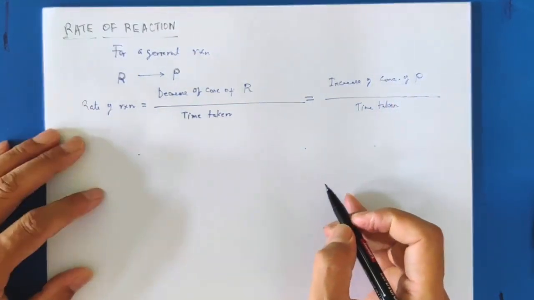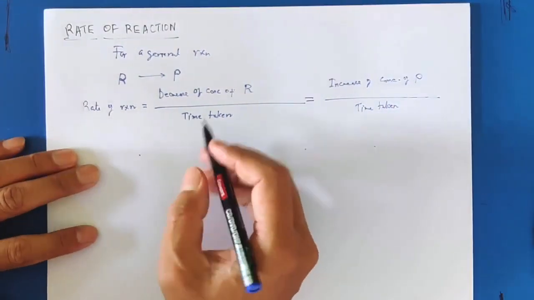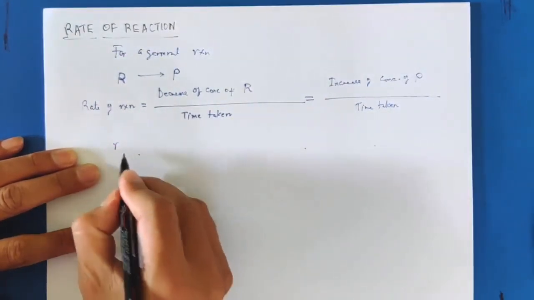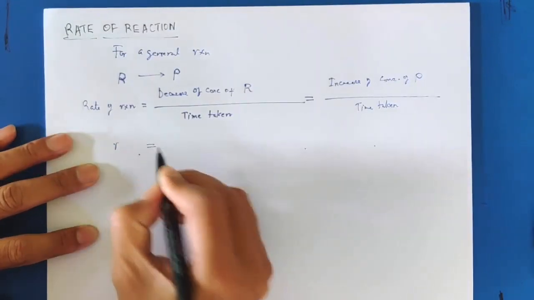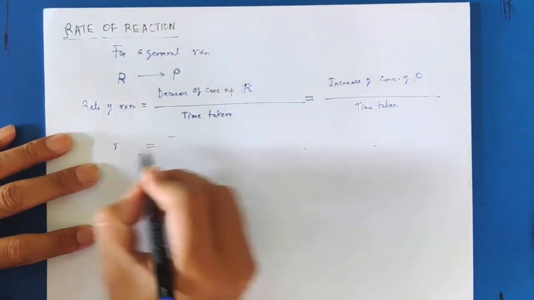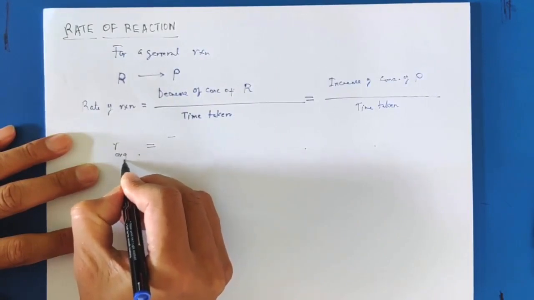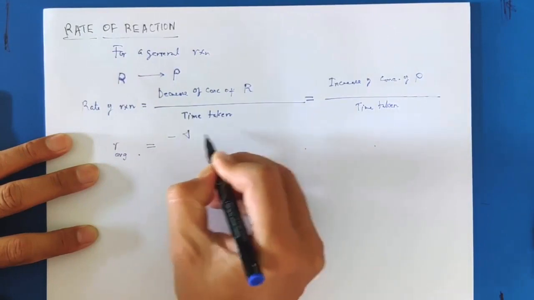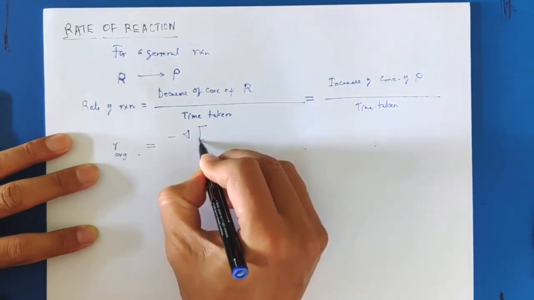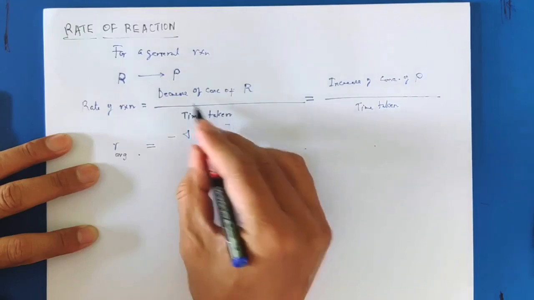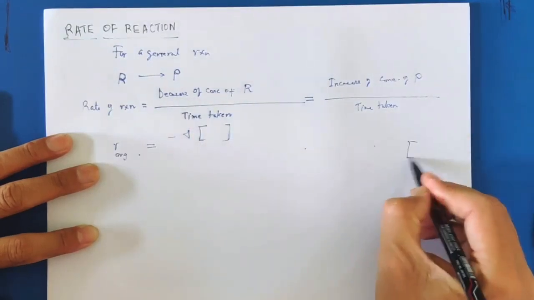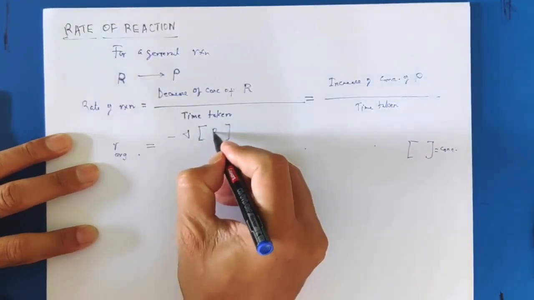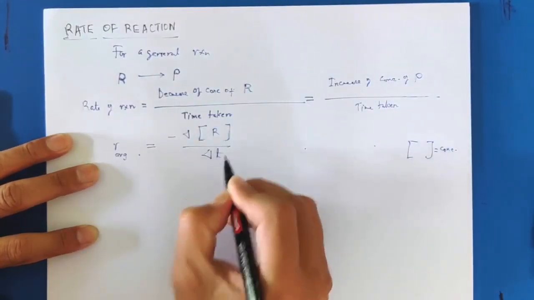Now the definition of the rate of reactions, which we represent by r. The average rate of reaction is the change in concentration, where the square bracket is the symbol for concentration, of reactants with time, delta t.